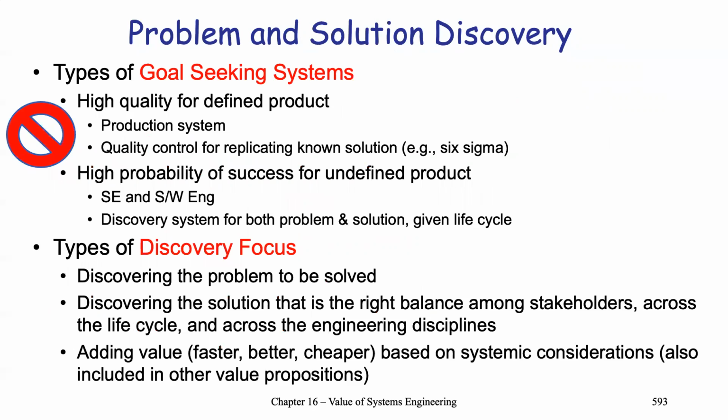So for the types of goal-seeking system, you want to be looking for high quality for defined products and high probability of success for undefined products. The types of discovery focus can deal with discovering the problem to be solved, discovering the solution that is the right balance among stakeholders across the life cycle and across the engineering disciplines, and adding value based on systematic considerations.